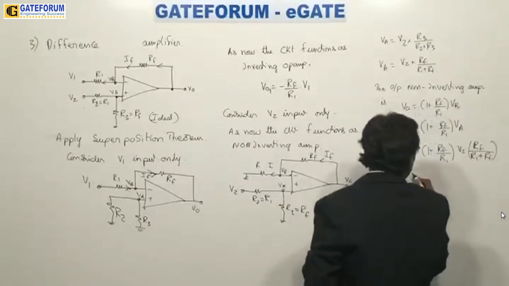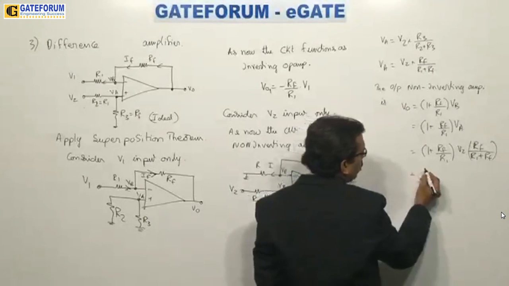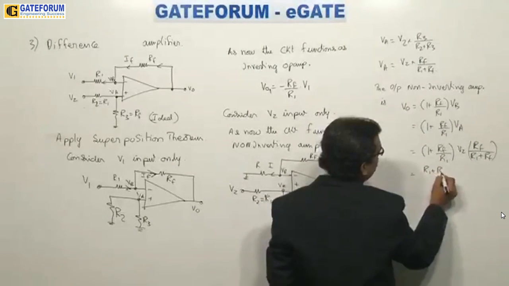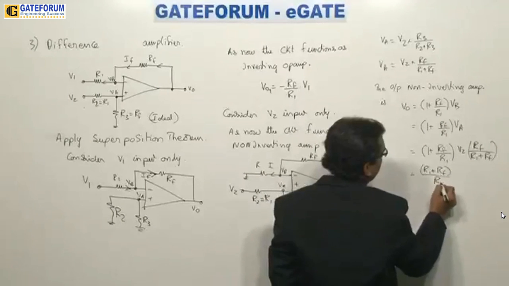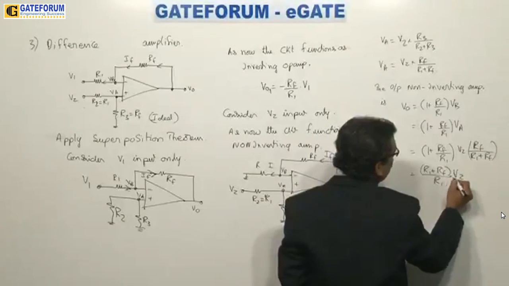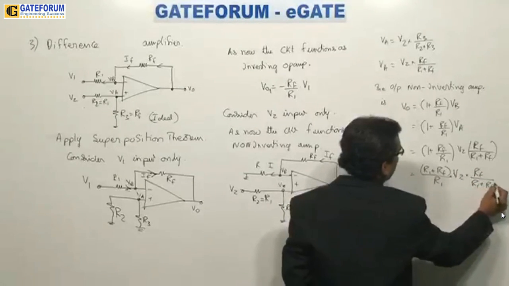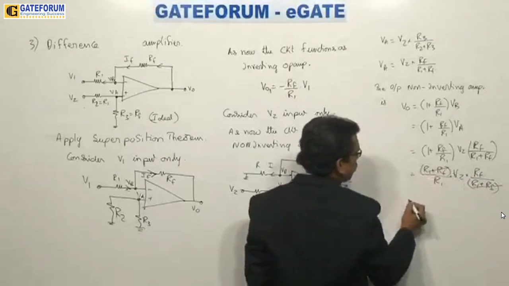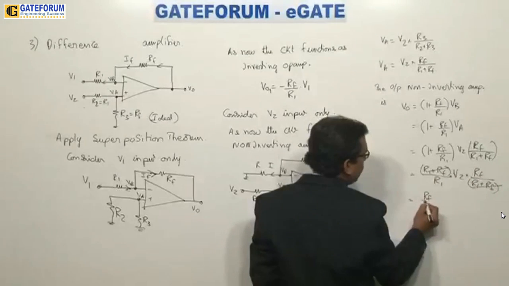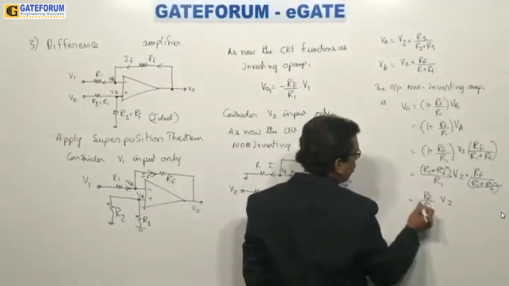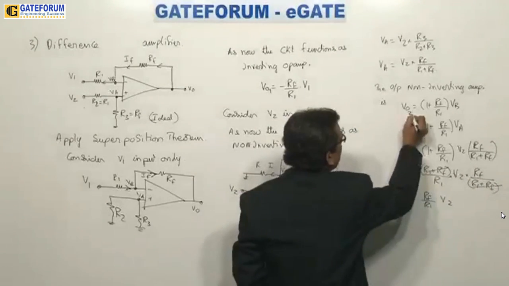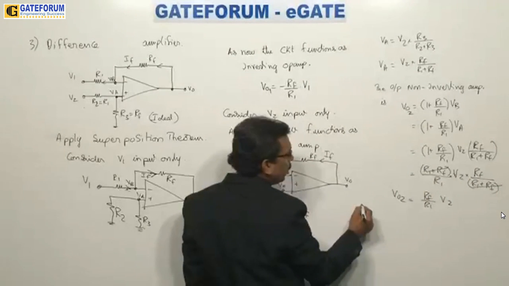Taking the LCM, you get R1 plus RF by R1 into V2 into RF divided by R1 plus RF. Now cancel these two terms, so you get RF divided by R1 times V2. This output is V02.